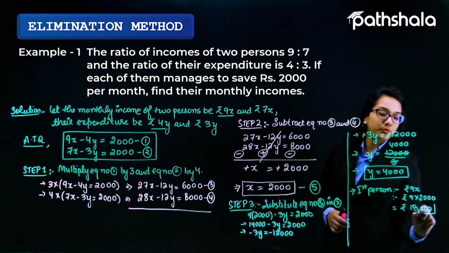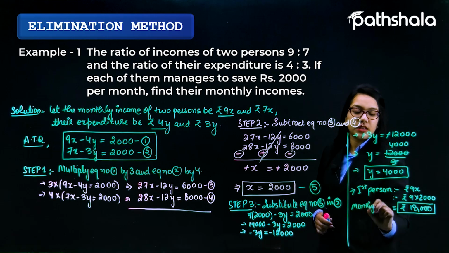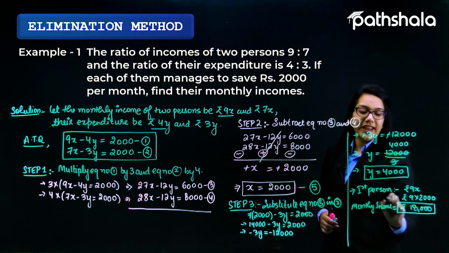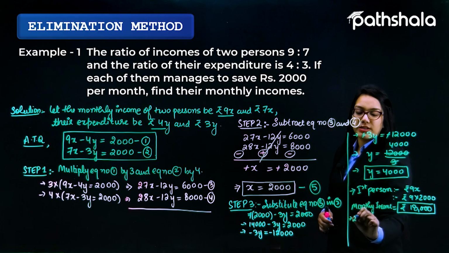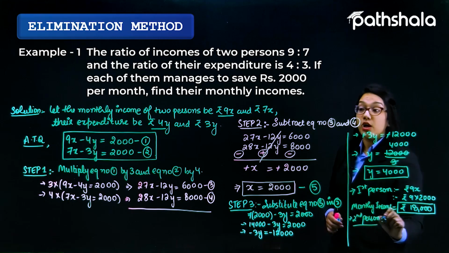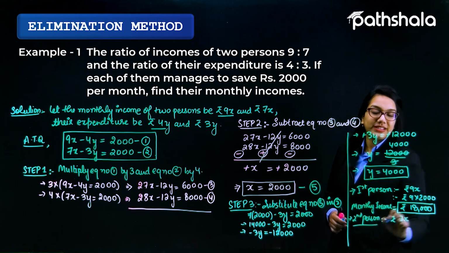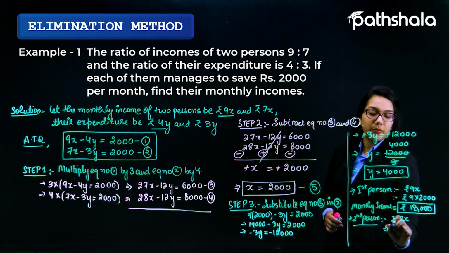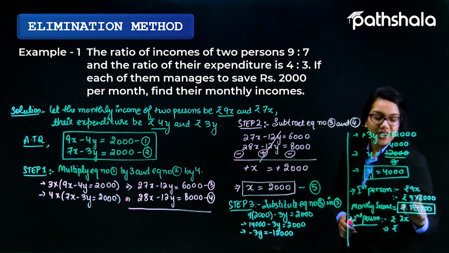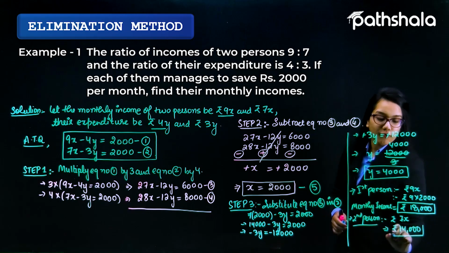So for the very first person, the monthly income is rupees 18,000. And let's talk about the second person. For the second person, the monthly income is rupees 7x. So this would be rupees 7 into x, which is 2000. So this is 14,000.